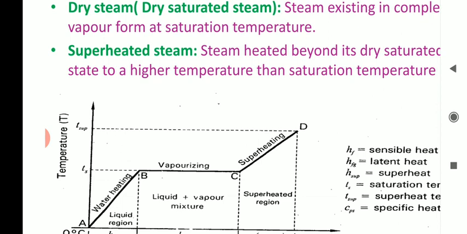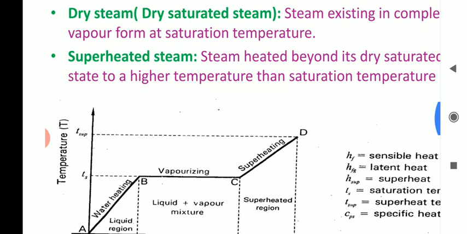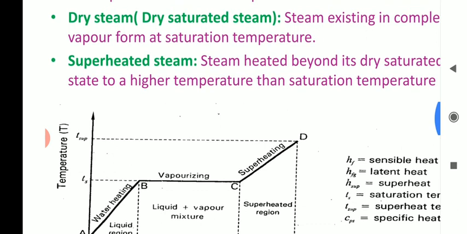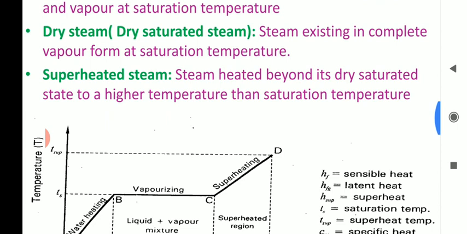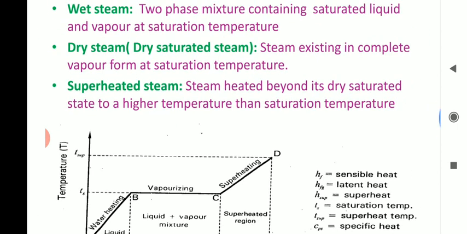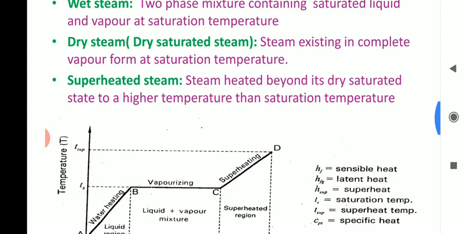All that liquid water is just converted into vapor, that is, into gaseous form or steam. So that state at C is called dry steam or dry saturated steam. It is defined as steam existing in complete vapor form at saturation temperature. That's why it is called dry saturated steam.